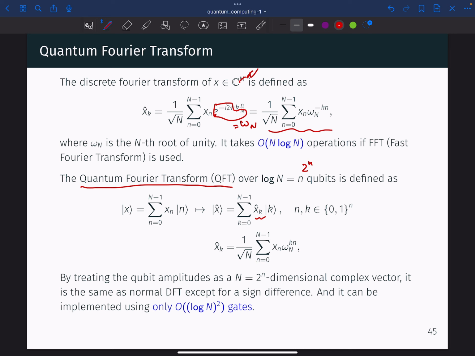And we will show that this operation only takes log n squared gates, compared to the n log n here. So if we assume that each gate is very fast, similar to one operation in the FFT case, then this is a more efficient algorithm.